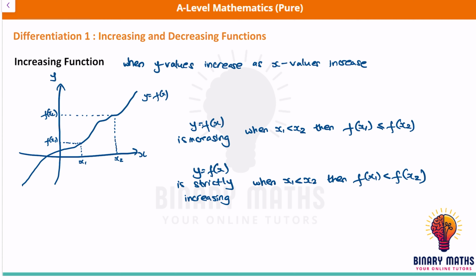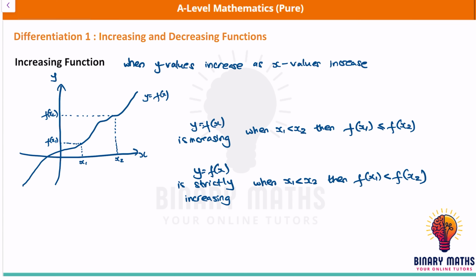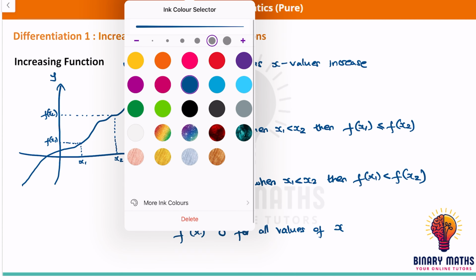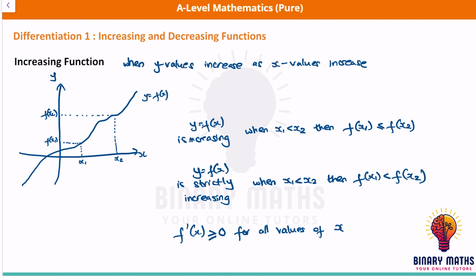But the gradient, you can see the gradient is always positive. So in these cases, f dash of x is greater than or equal to 0 for all values of x. So if I were to write it properly, it's greater than or equal to 0. Okay, obviously it's greater than 0 if it's strictly increasing.